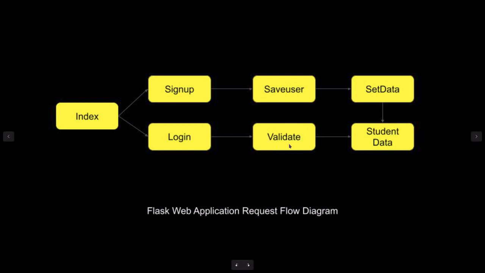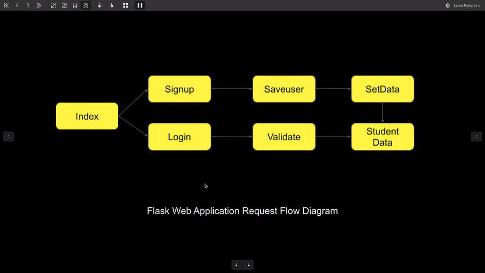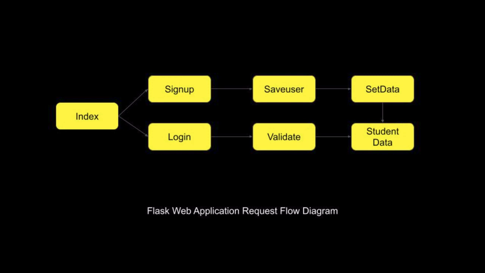Once the user is validated, the details of the user who has logged in will be fetched and shown using the student data page. These will be the same details he saved using the sign up page. So this is a very high level flow diagram which we'll be trying to implement using Flask in this video.